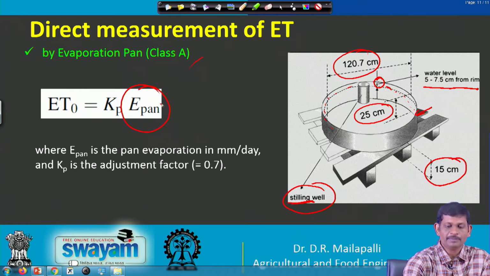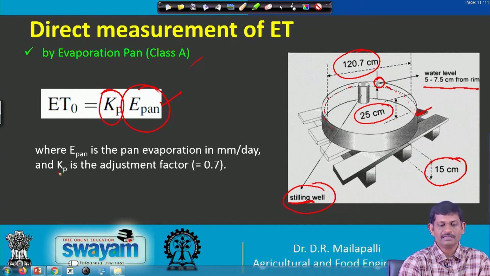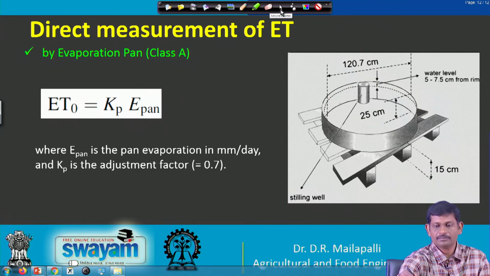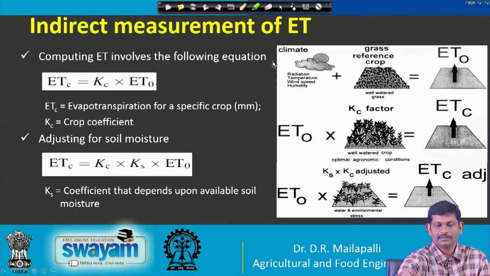So, that is E pan, and if you multiply it with the pan coefficient, that will be ET0, the reference evapotranspiration. Knowing this, you can multiply with the crop coefficient and get the evapotranspiration. So, that is another way of estimating evapotranspiration.